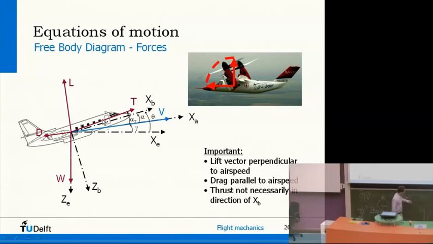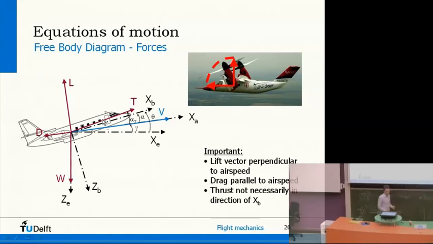Now, the accelerations we don't know yet, but we can start looking at the forces. And you can see that the thrust vector has a cosine component in the direction of the airspeed. So the cosine of this alpha t times the thrust vector, that's the component of the thrust in the direction of the airspeed. Now, drag is parallel to the airspeed, but in the opposite direction. So we have minus the drag.